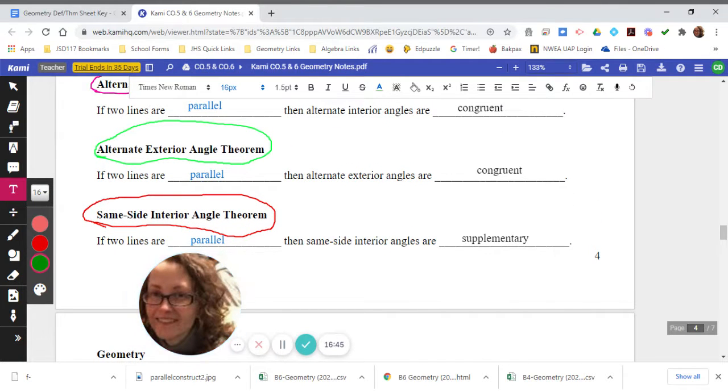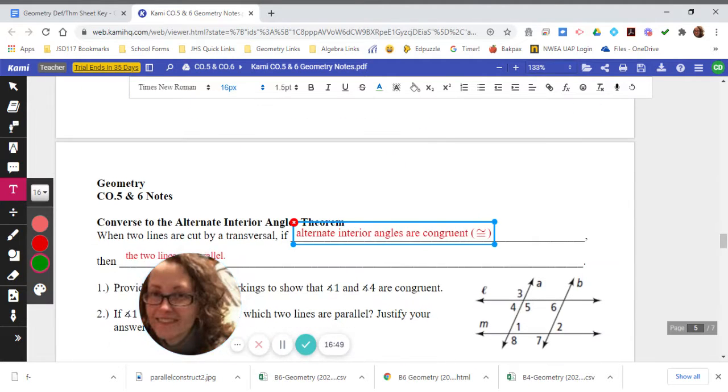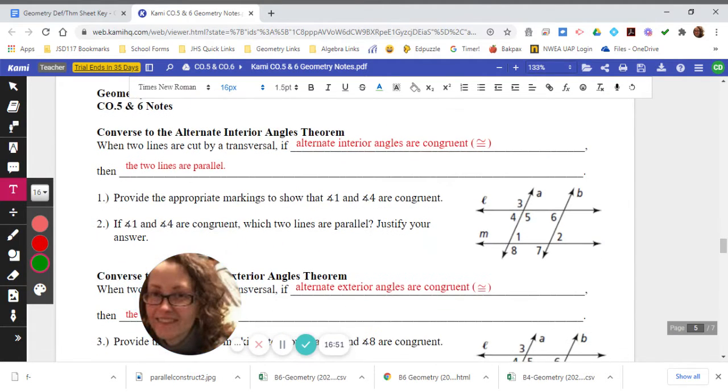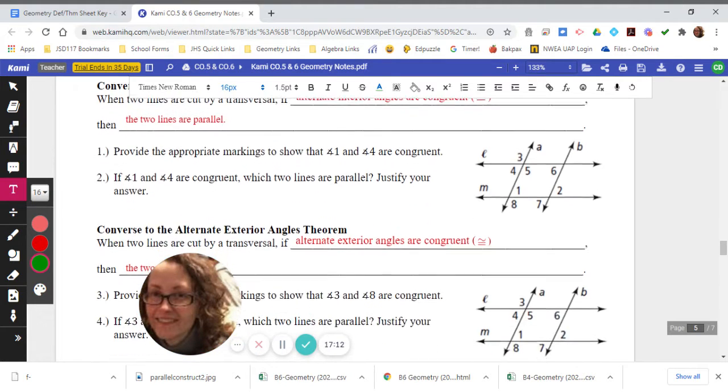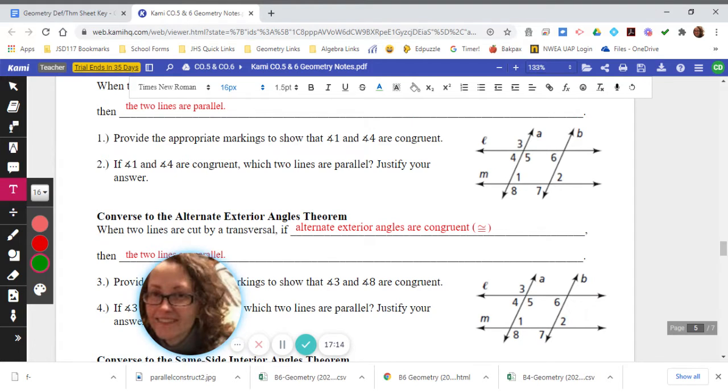That's the first thing that we did, was construct those parallel lines, and then we ended up finding our angles either congruent or supplementary. The converse of that is to start with your angles congruent or supplementary and end with the lines being parallel. So if I know that alternate interior angles are congruent, then I know that the two lines are parallel. And that's what that theorem is saying.